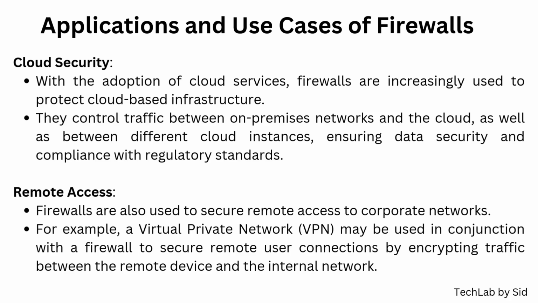Remote access. Firewalls are also used to secure remote access to corporate networks. For example, a virtual private network, or VPN, may be used in conjunction with a firewall to secure remote user connections by encrypting traffic between the remote device and the internal network.